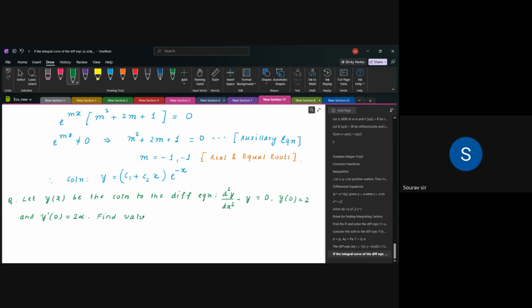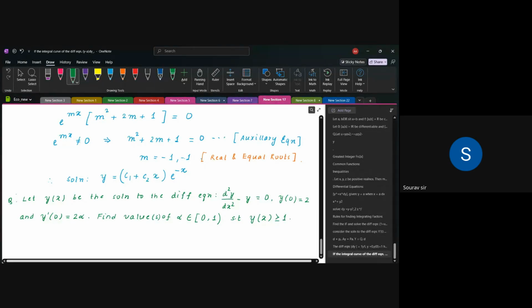Find the values of alpha, where alpha belongs to the closed interval 0 to open interval 1, such that y of x is greater than or equal to 1.